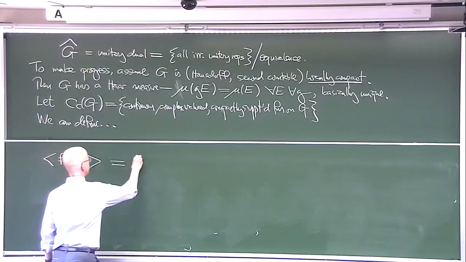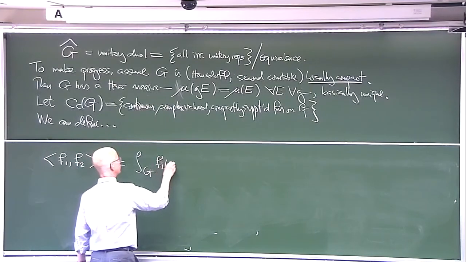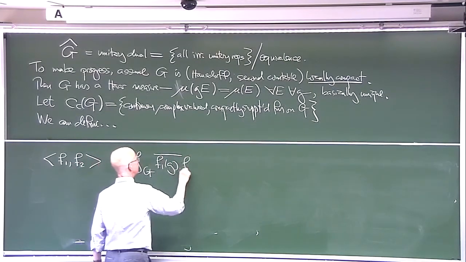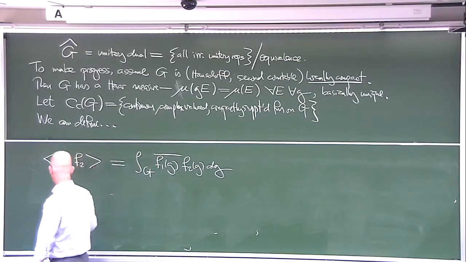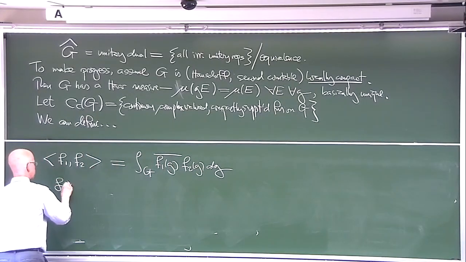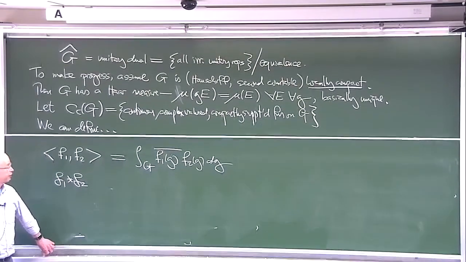Of course, there's a standard inner product, which is just the integral over G of f1 of g times the conjugate of f2 of g. This was just a scalar, it's an inner product.